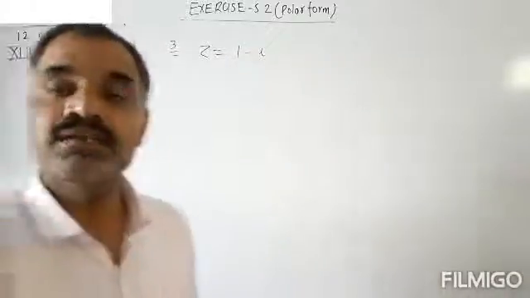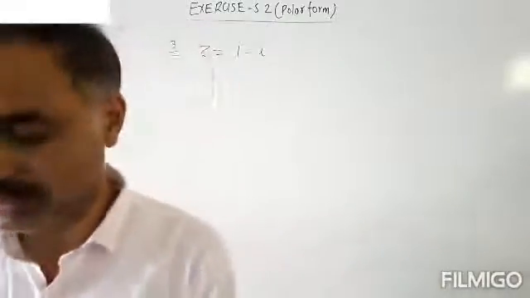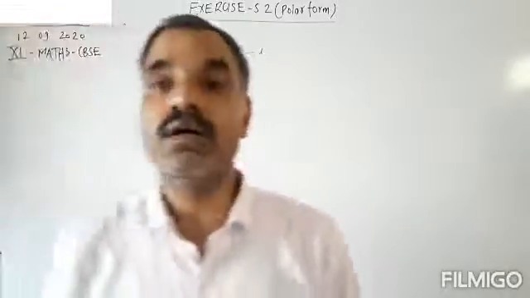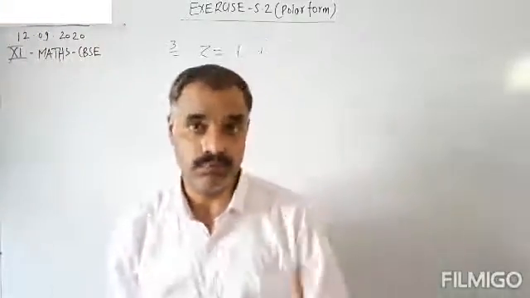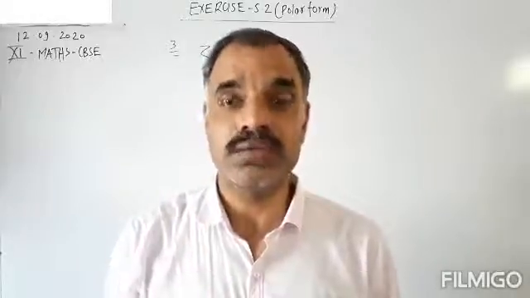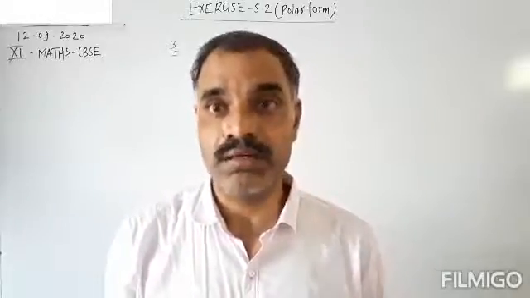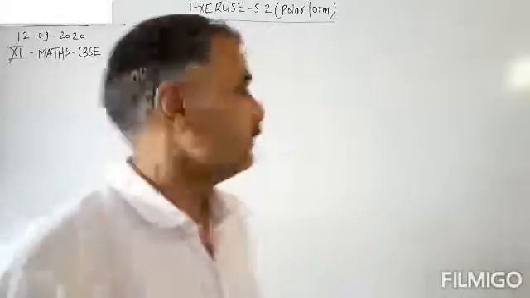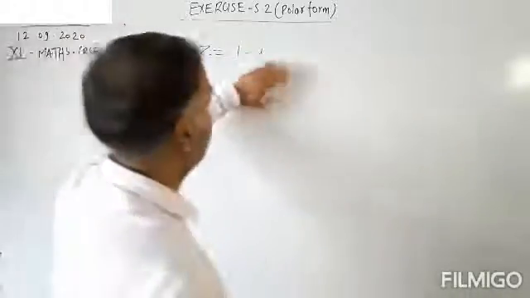The given z is 1 minus iota, and we have to convert this complex number into polar form, just as we converted the complex number into polar form in example number 8. So z equals 1 minus iota.